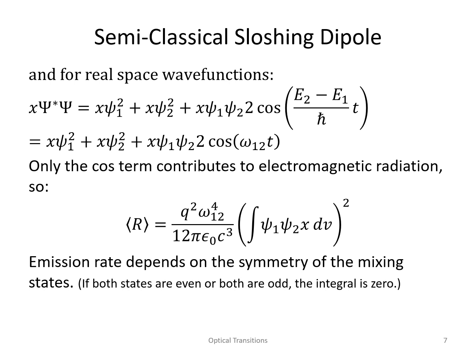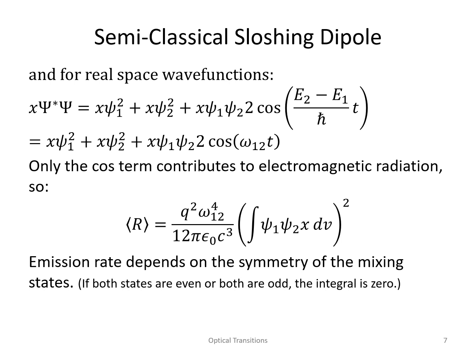So my average radiation, just going back to the equation that I had a few slides back, is the charge on the dipole squared, the frequency of the difference in energies between the two wave functions to the fourth power, constants, and then I've got a spatial integral here, the integral of psi 1, psi 2, x dv integrated over all space, squared, right? So looking at this, the average emission rate depends upon the symmetry of the two states that are being mixed.